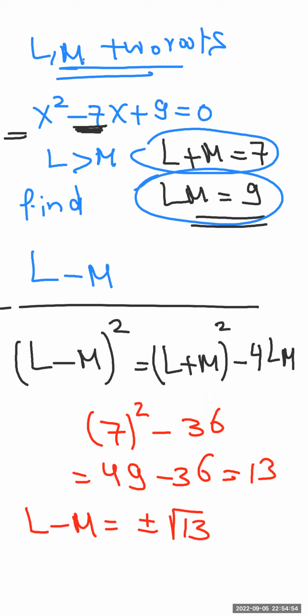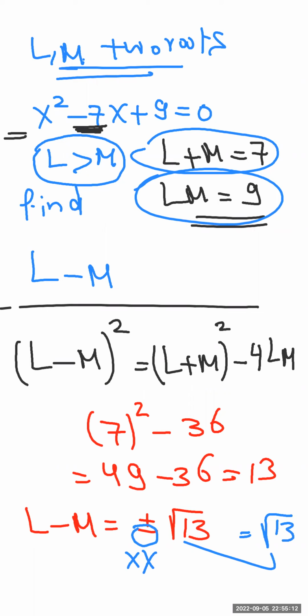It's given in the question that L greater than M. So this means L minus M, of course, is positive. So the negative is rejected. So it will equal square root of 13. Clear, guys? Yes, clear. Okay, great.